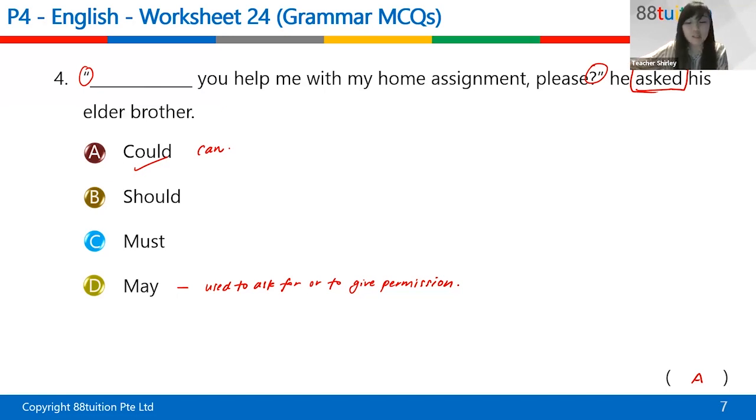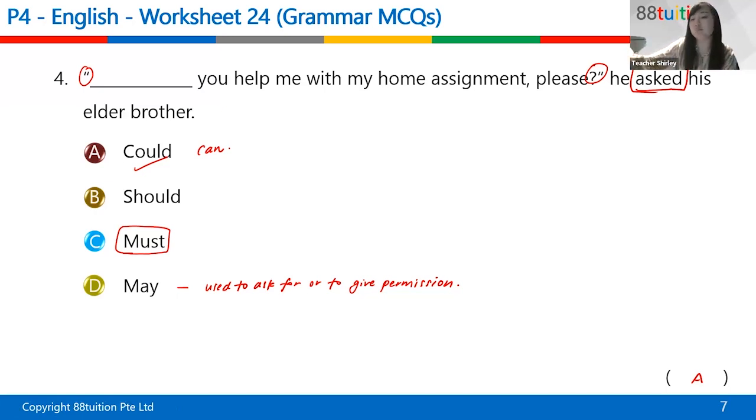They have to. Yeah. So in this case, next one, must you help me with my home assignment? Must. So this one, it's must. Okay. Must is also something that is like no negotiation. Okay, you must do something. But may is more like asking permission.